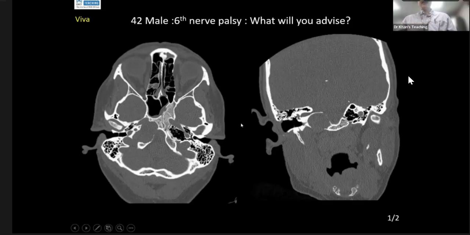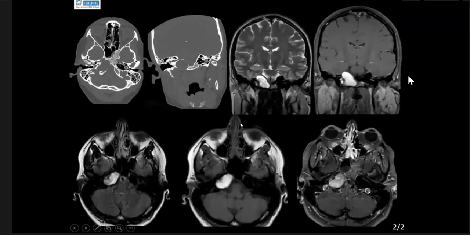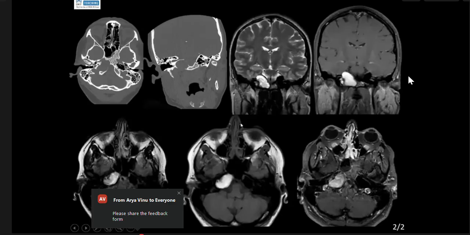Okay, so I've given you an MR. We've got a right-sided T2 hyperintense lesion that's expansile, and on the axial sequences we can see that it's disrupting the bony anatomy.